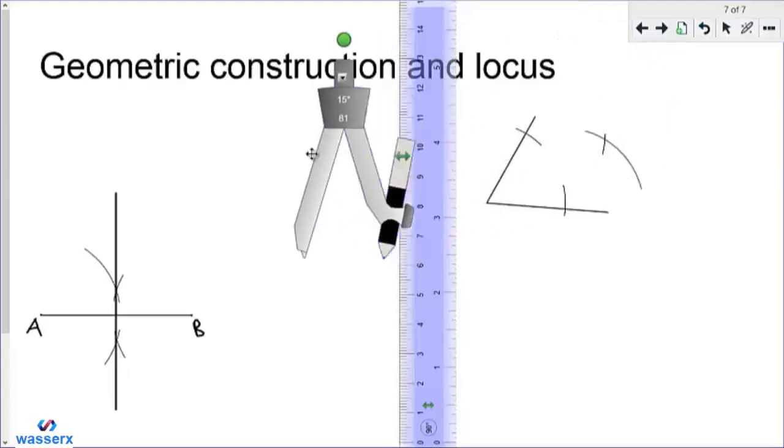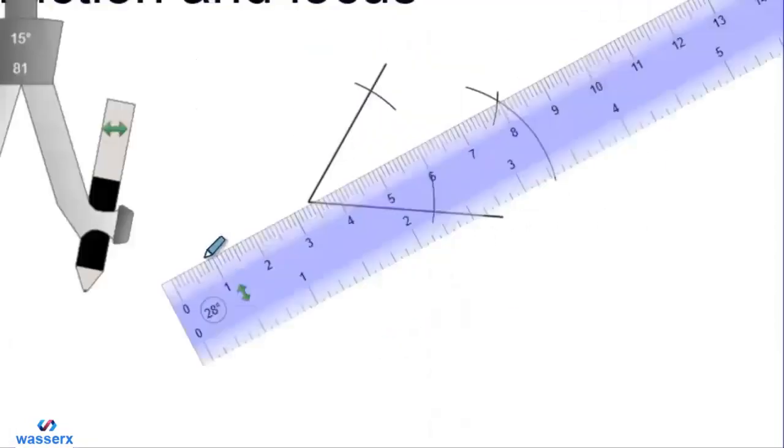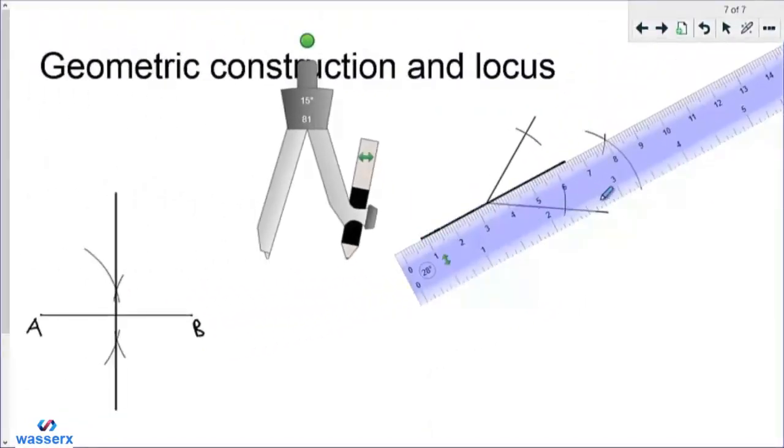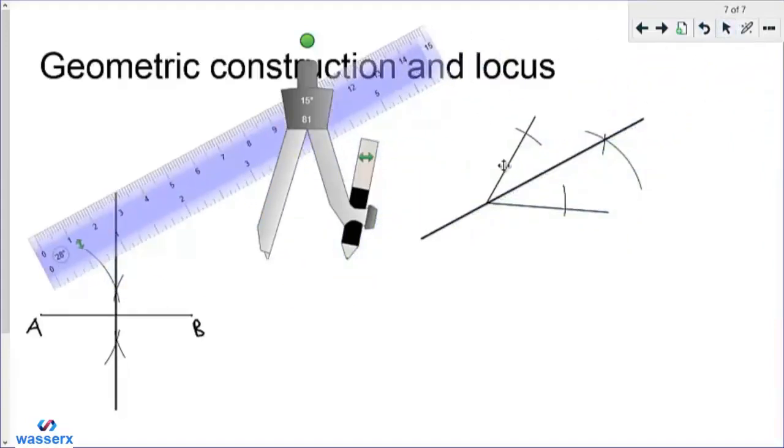So we draw a straight line to connect the 2 points, that is the point of intersection, and this is the locus of point that is equidistant from the 2 intersecting lines. So line AB and line AC intersecting at A.